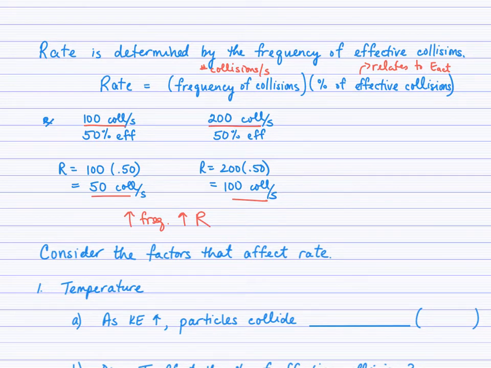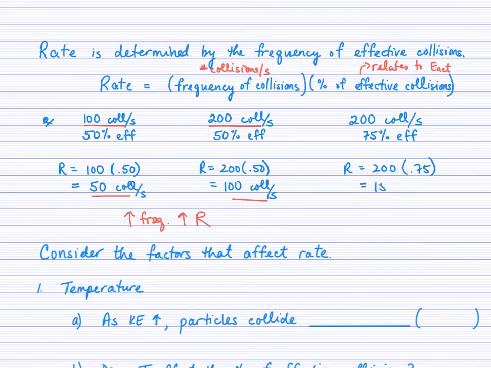Okay, now what about the second factor here, the percent of effective collisions? Let's stick with that 200 collisions per second. But now let's increase the percent effective. Let's say now 75% of those collisions are effective. So now we'll be calculating 200 multiplied by 0.75.